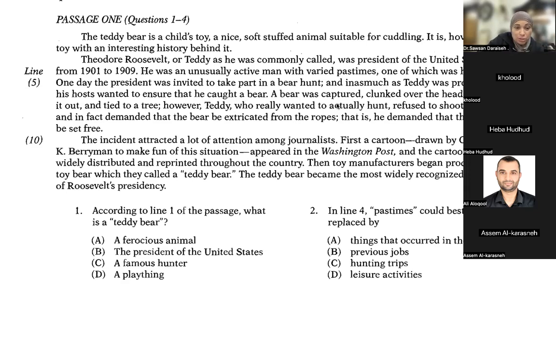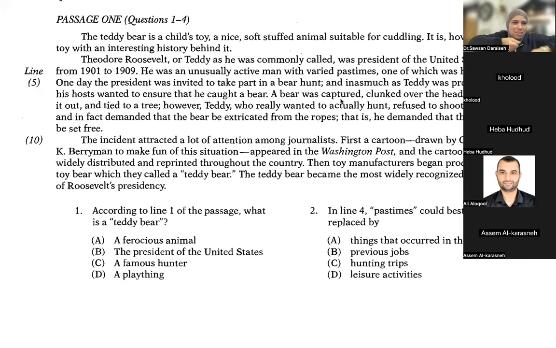A bear was captured. He did not capture it, but a bear was captured, clunked over the head to knock it out. Guess what the hosts did? Look what they did. They captured the bear, clunked over the head to knock it out.